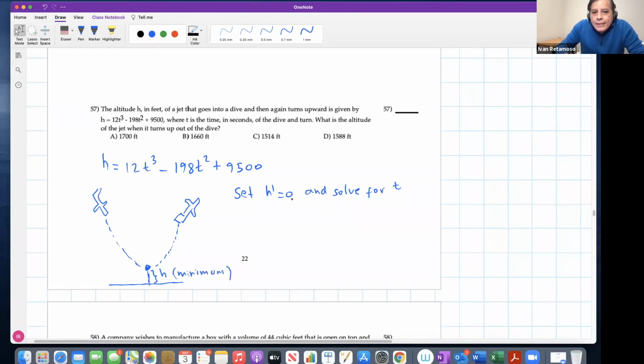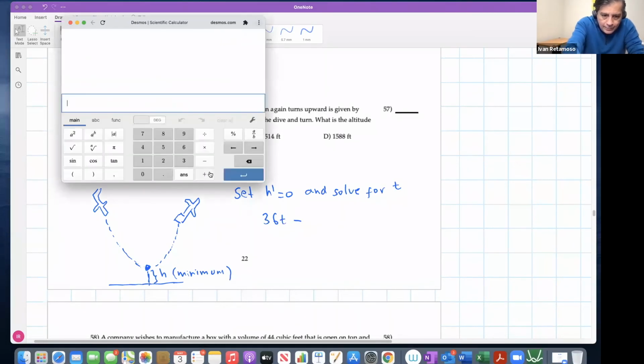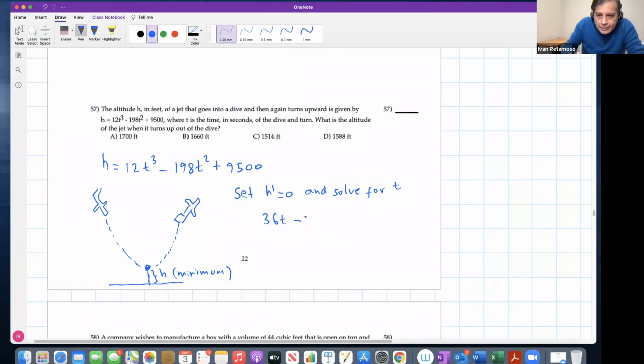Right. So derivative of h is 3 times 12, 36 t squared minus 2 times 198. 2 times 198, right? Let's see what's that. It's 396. 396.